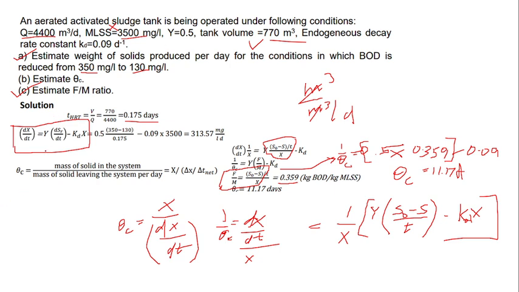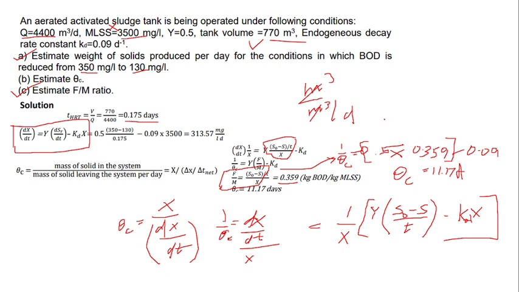If you see, the time taken is calculated by V by Q, and dX/dt is equal to Y into dSr/dt minus Kd X is a general formula. We are substituting everything and calculating the weight of the solid produced per day in this condition. Then theta C can also be written by using this formula: theta C is equal to X by dX/dt.